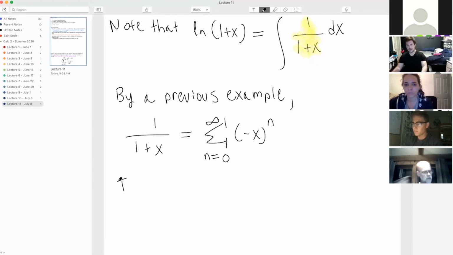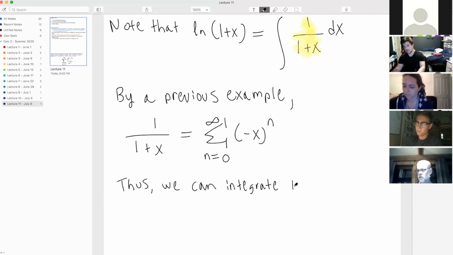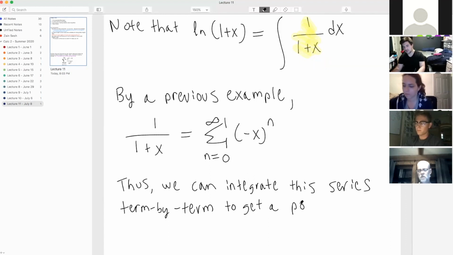All right, so thus we can integrate this series term by term to get a power series for natural log of 1 plus x.